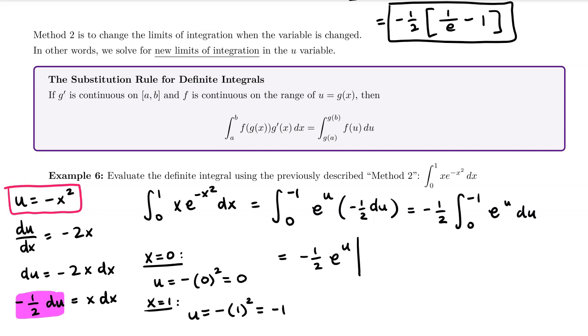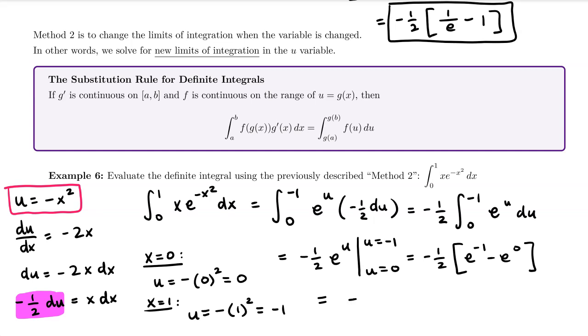And now we are evaluating this with u equals negative 1 and u equals 0. So I'm going to keep negative 1/2 factored out, and I'm going to plug in negative 1, and then minus e to the 0.